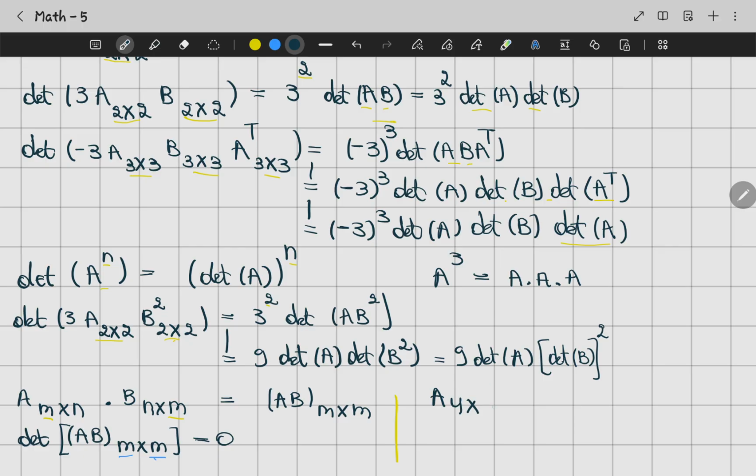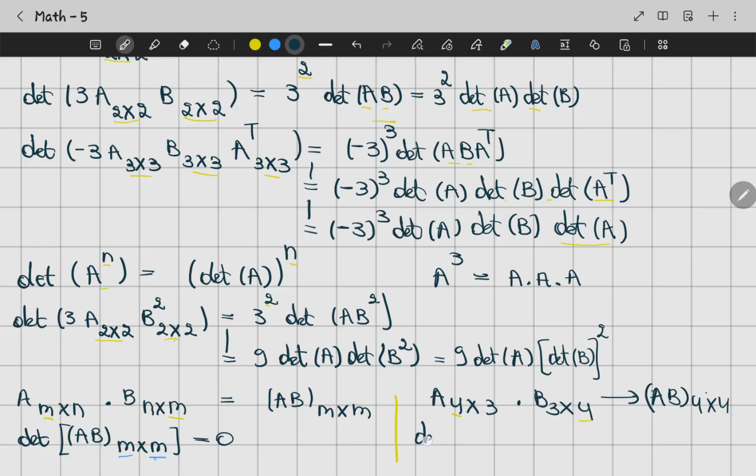4 times 3, multiply by 3 times 4. The multiplication of these two will give us a 4 by 4 matrix, 4 times 4, the size of the matrix.